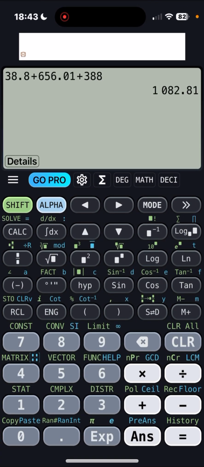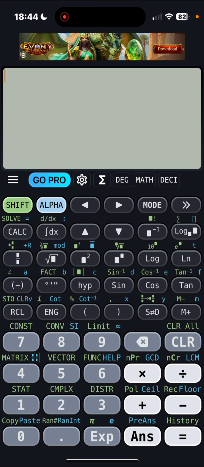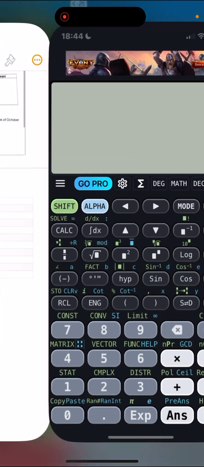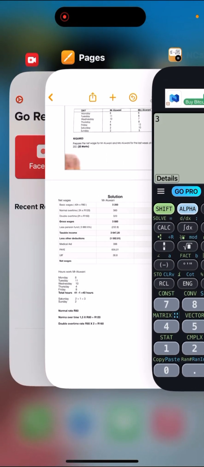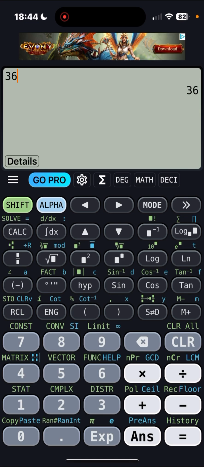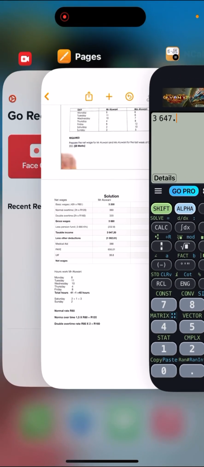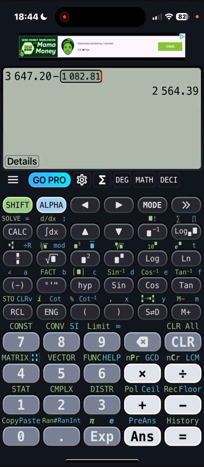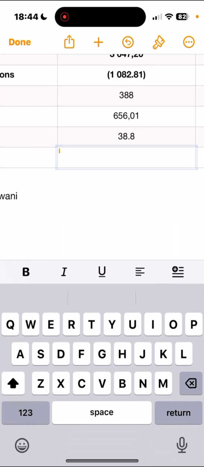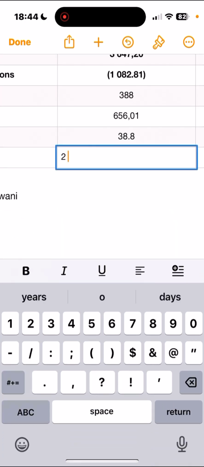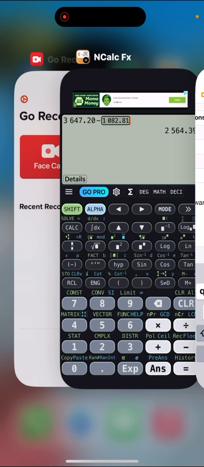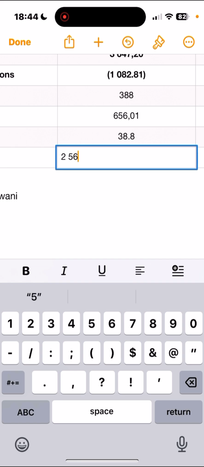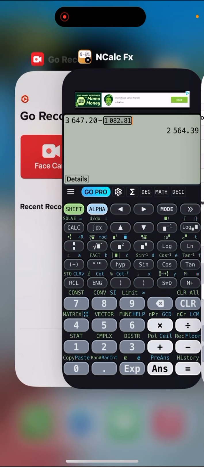So my taxable income is 3,647.20 minus the answer, which gives me 2,564.39.